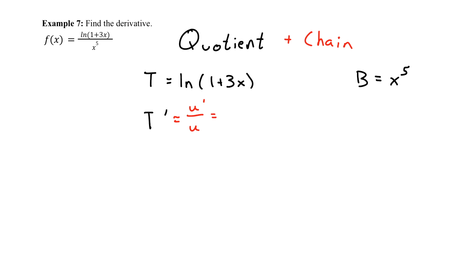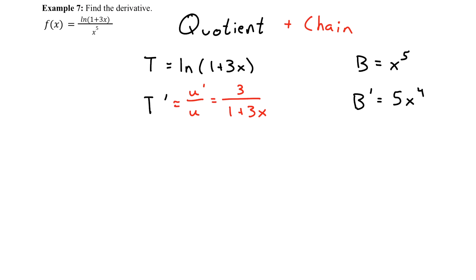So the derivative of 1 plus 3x is 3, divided by u, that's going to be 1 plus 3x. So at this point, we've used our chain rule and we're done with it in this problem. We're only focused on the quotient rule from here on out. So we've got t, we've got b, we've got t prime, we need b prime. That's just 5x to the fourth using our power rule.